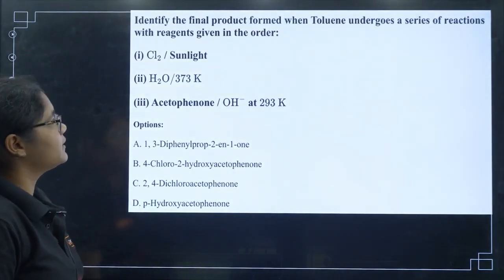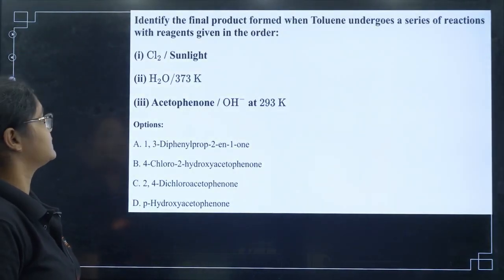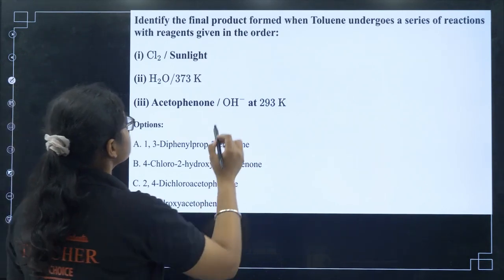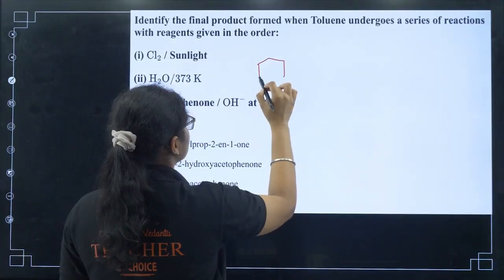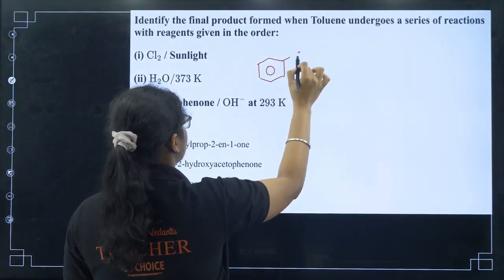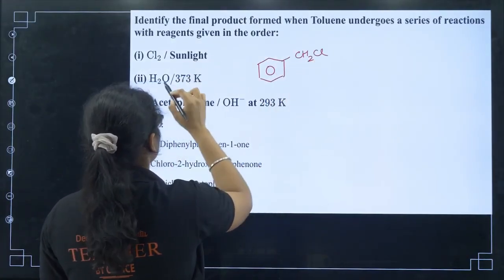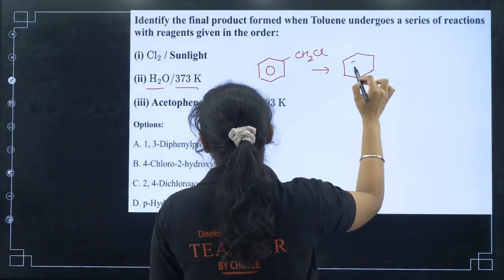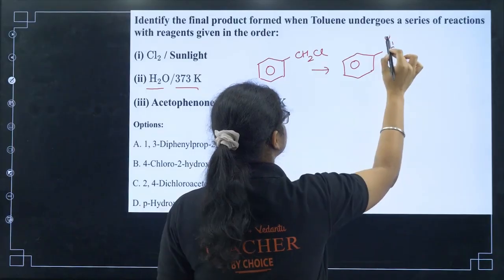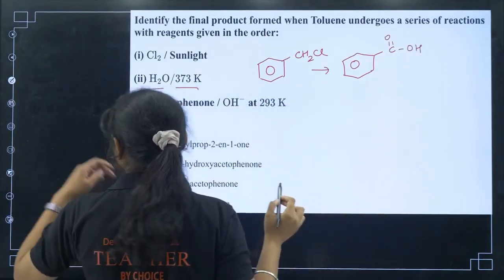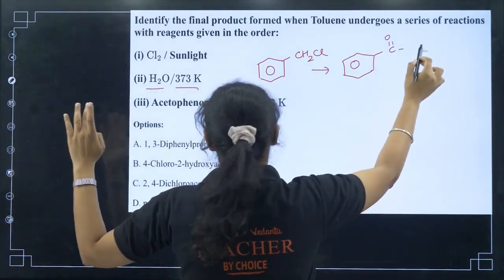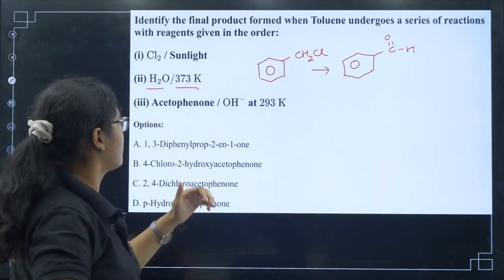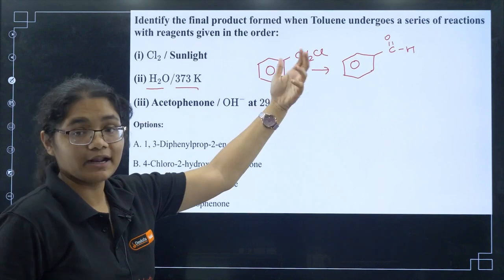Next, identify the final product formed when toluene undergoes a series of reactions with the reagents given in order. First of all, I have toluene, and when I treat it with this, I will get CH2Cl. Then with H2O at 373 Kelvin, I will get CH2OH, and then with oxidation because of OH minus we will get benzaldehyde.